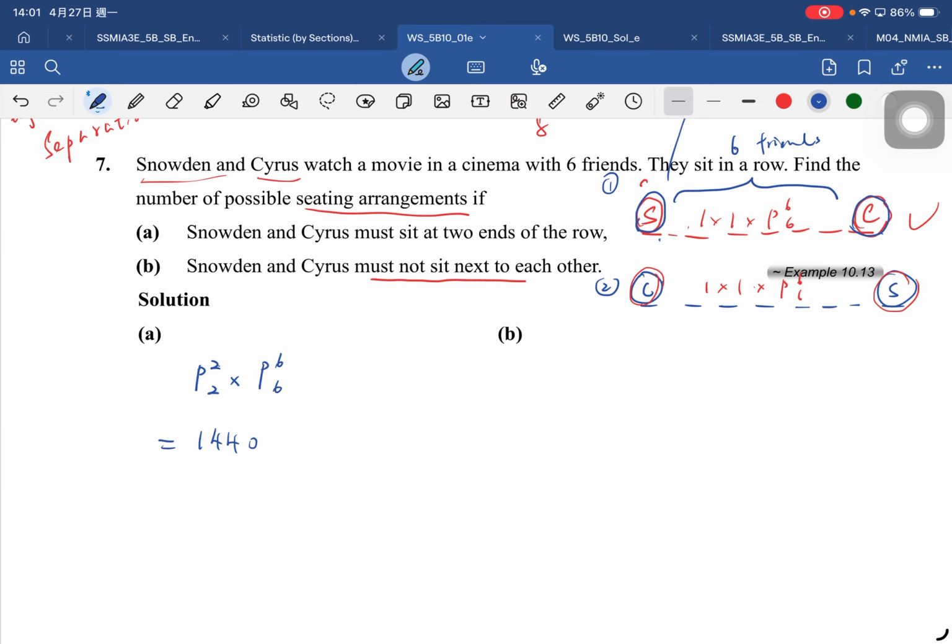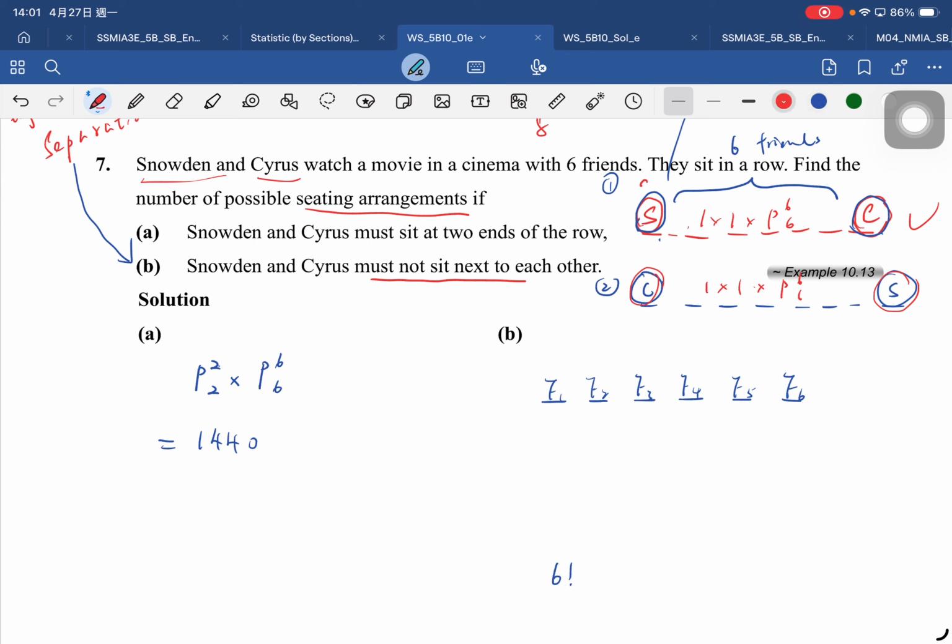But how about the second one? They must not sit next to each other. That means this one is separation, these two people must be separated. Last lesson I already taught how to do it. So now if you show me the figures, arrange the 6 friends first. Suppose F1, F2, F3 and so on. When you arrange them, 6 factorial or 6P6.